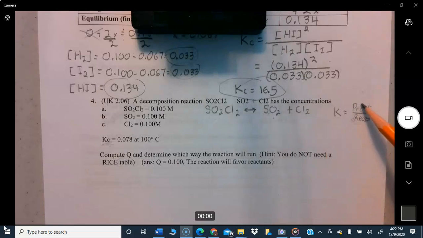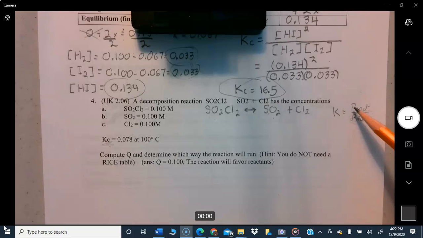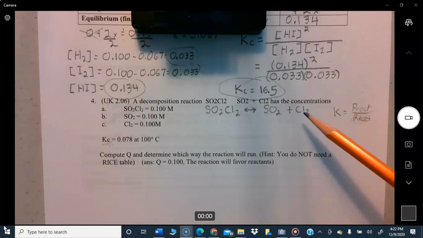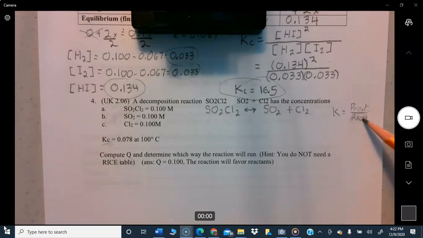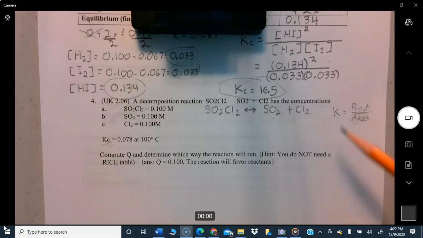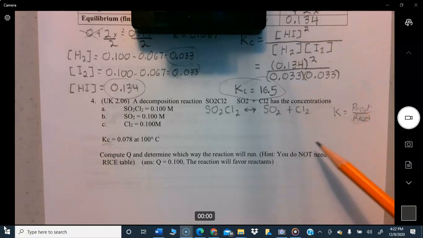If Q is bigger than K, the reaction is going to move to the left, back away from making products. It's going to decompose some of the products and produce reactants. If, on the other hand, Q is less than K, it has too much reactant. It wants to get in balance by getting fewer reactants and producing more products so that it gets back into the balance of that K. So just remember, Q greater than K moves to the left. Q less than K moves to the right.